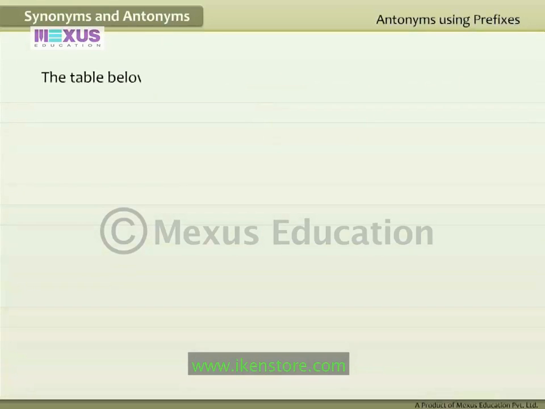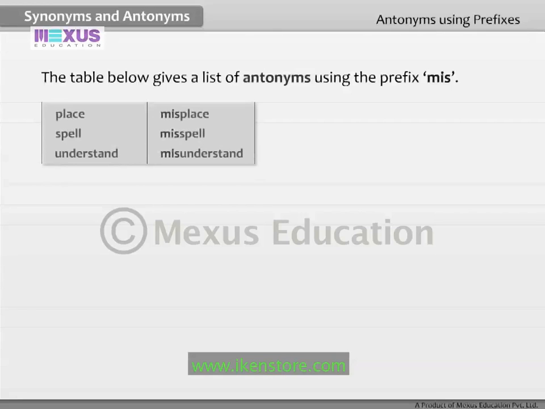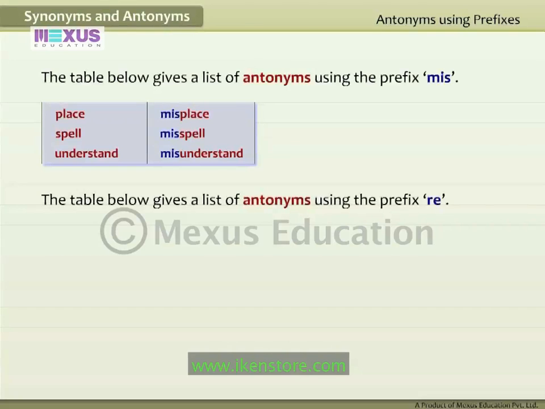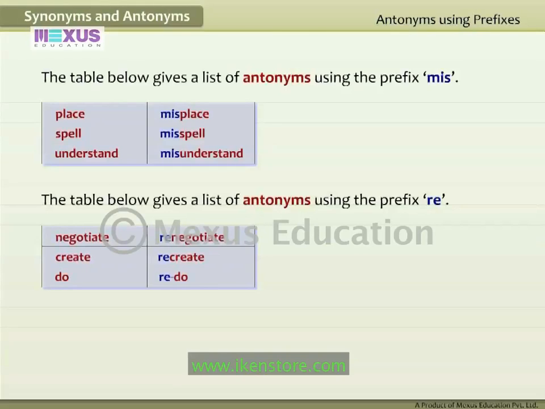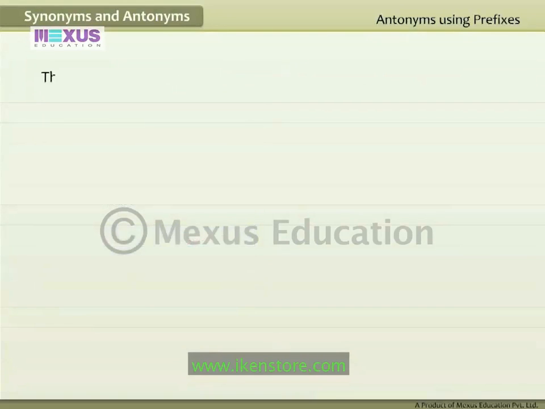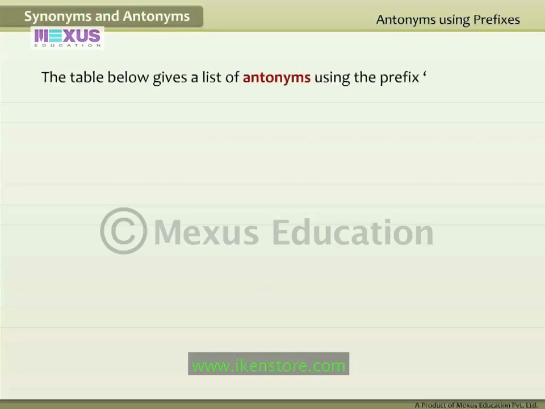The table below gives a list of antonyms using the prefix mis. The table below gives a list of antonyms using the prefix re. The table below gives a list of antonyms using the prefix un.